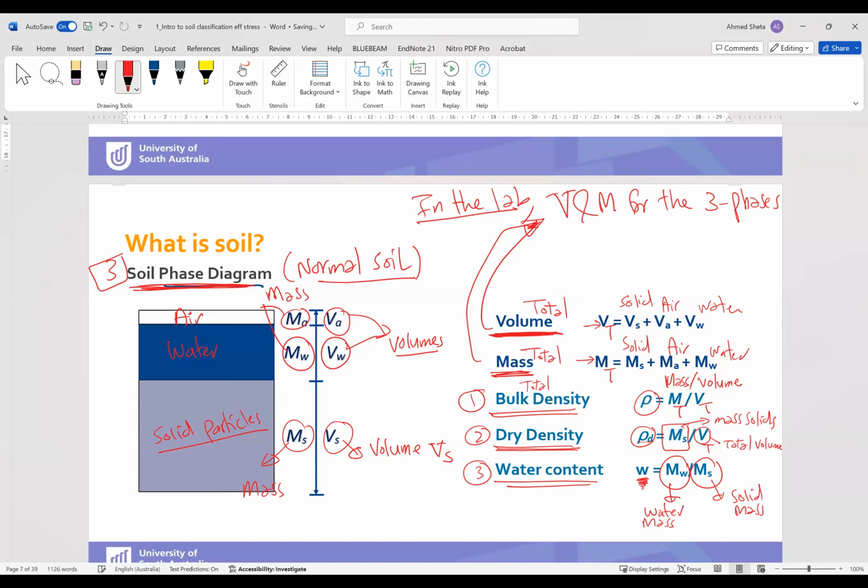Okay? Do you have any questions about that? So these are some technical expressions or properties we can obtain from the phase diagram and from our measurement in the lab.